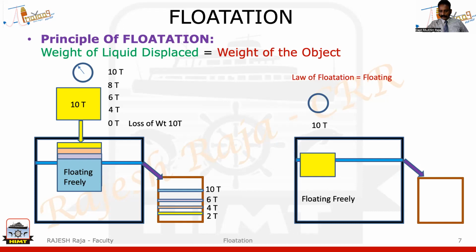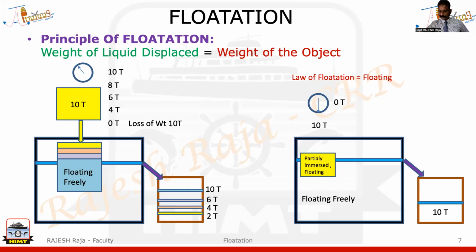I kept on lowering it, and I came to a stage where this object started floating freely. That means the crane was showing me 0 tons. So I took off the crane, the hook. You can see it is partially immersed and it is floating. You will realize that the crane is showing me 0 tons and the water here is also measuring 10 tons.